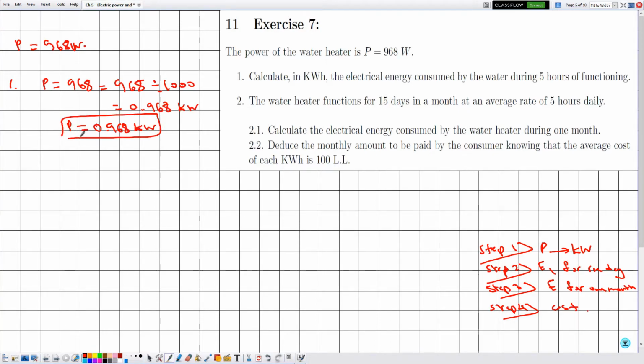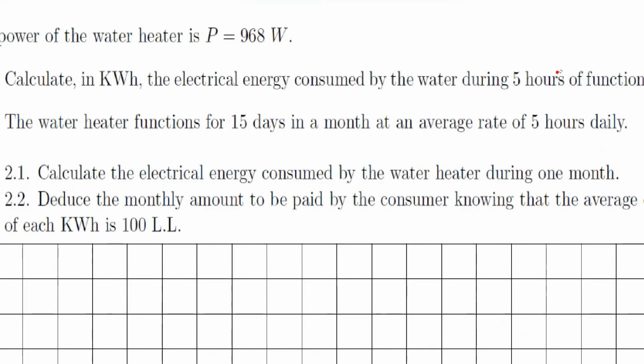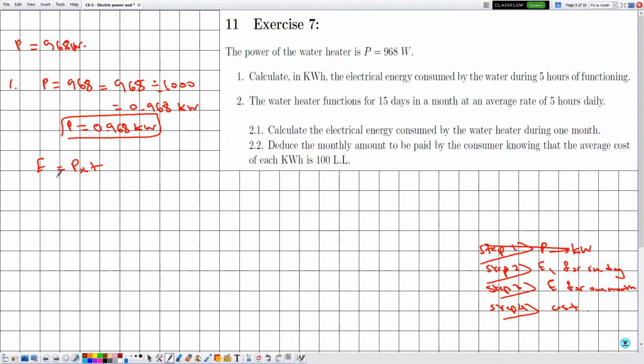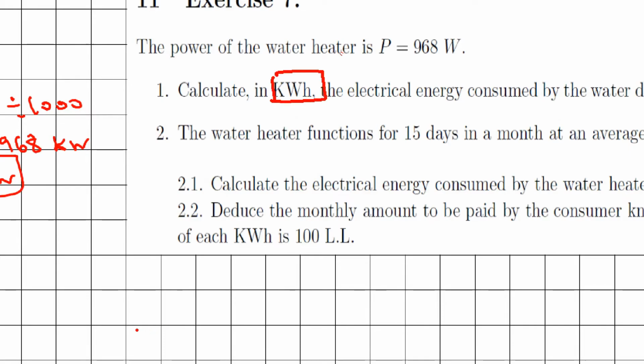Now after we have done with step number 1, let's move to step number 2, which is calculating the electric energy, and the formula of the electric energy is given by E is equal to P times T. Since this duration corresponds to 1 day, let me write here the label 1. And notice that kilowatt hour is the unit of energy, and this can be decomposed into kilowatt multiplied by hour, which means that power must be expressed in kilowatts and time in hours.